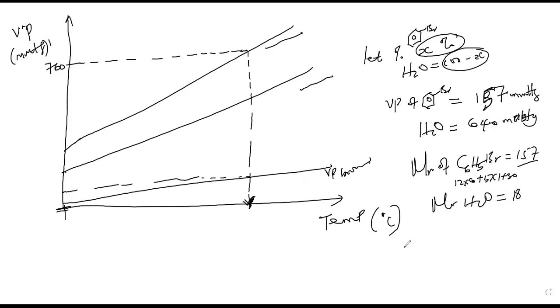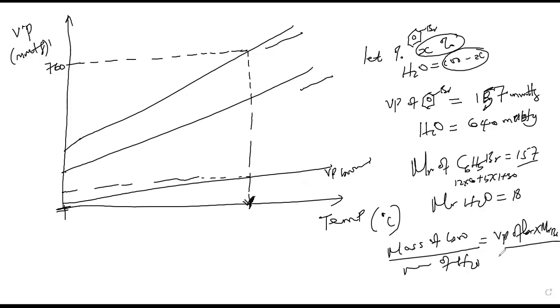is 18. Then now we substitute: mass of bromobenzene over mass of water is equal to vapor pressure of bromobenzene times molecular mass of bromobenzene over vapor pressure of water times molecular mass of water.